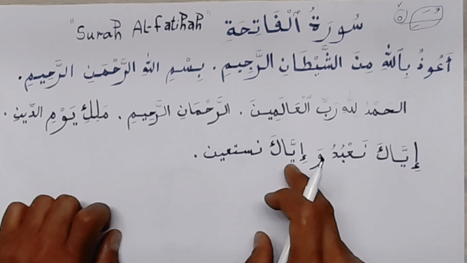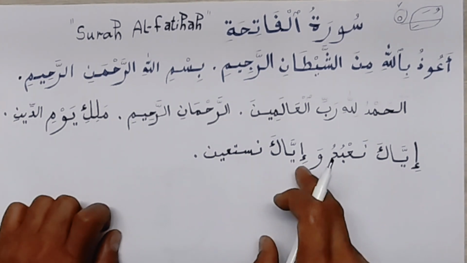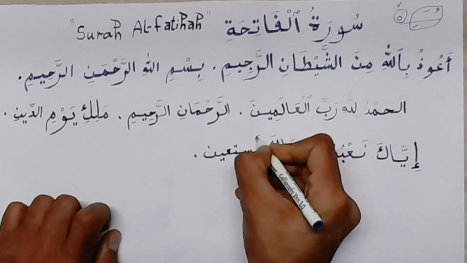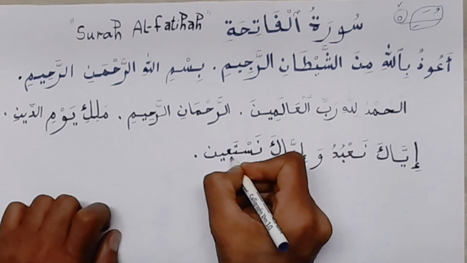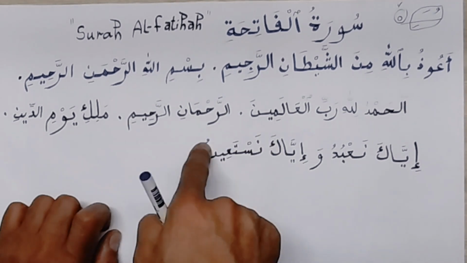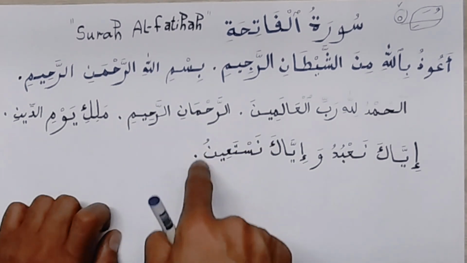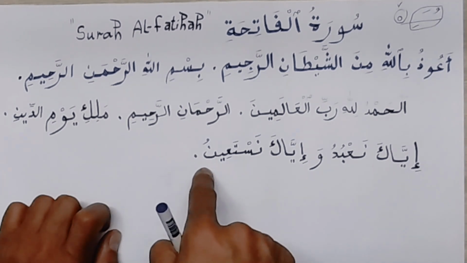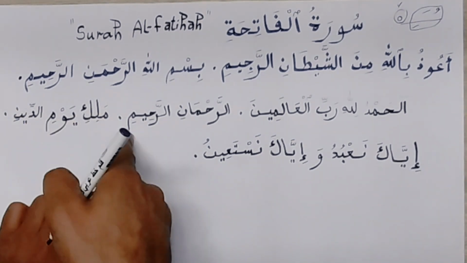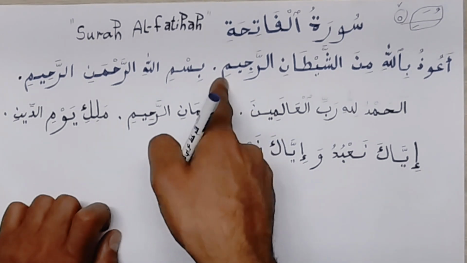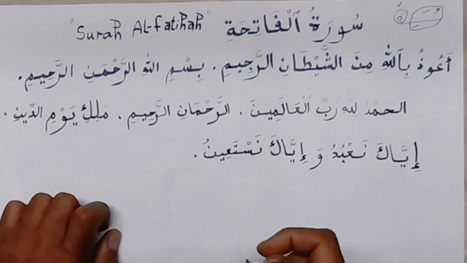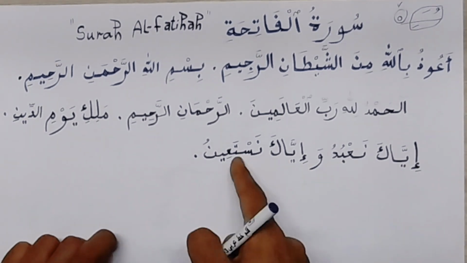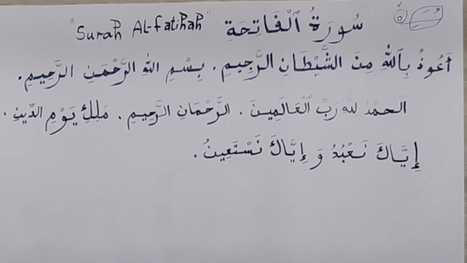So we don't say إياك, we say إياك نستعين. And of course we don't pronounce the damma, we pronounce sukun. نستعين. Like الدين, الرحيم, العالمين, الرجيم. Good. إياك نعبد وإياك نستعين.